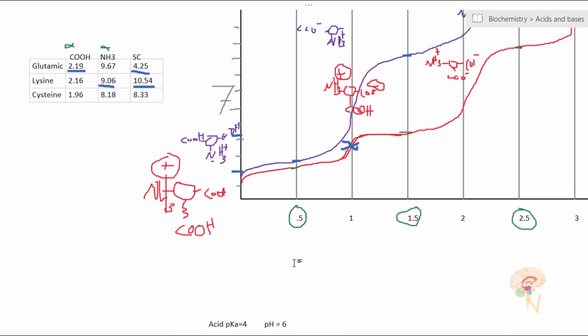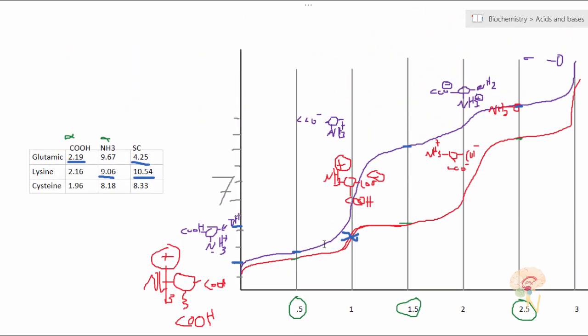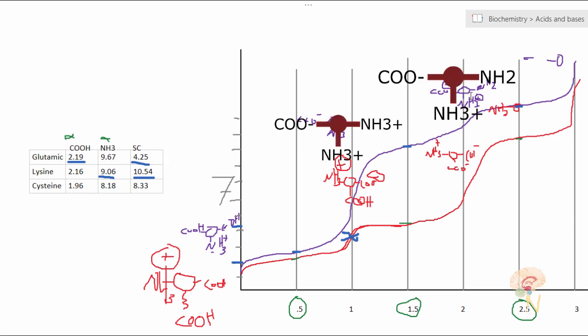And to go back here to the question: what's the ratio between, let's say, this form of lysine and this form of lysine at pH equals 1.5?